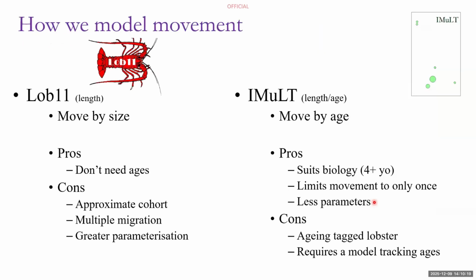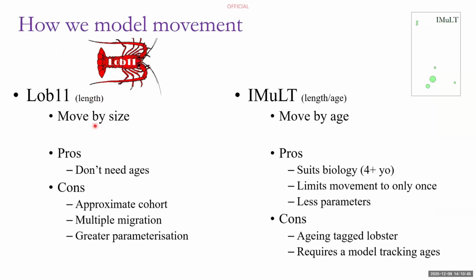So how do we actually go about moving them in the model and fitting to the data? As I mentioned, we've got two models that we're running with at the moment. We've got Lob 11. This is an 11 area bespoke model that was developed a number of years ago. It's a length-based model written in ADMB, and we move the animals by size.